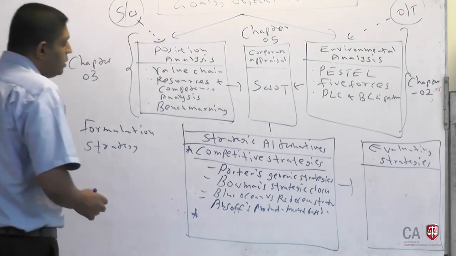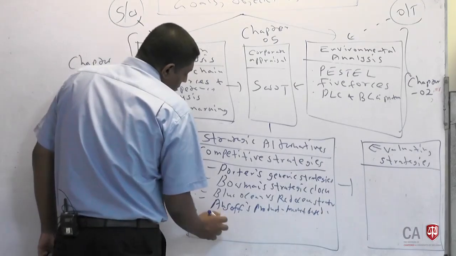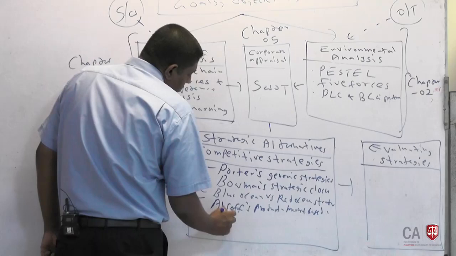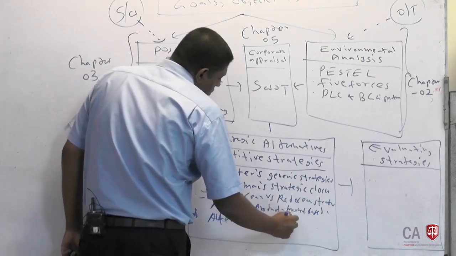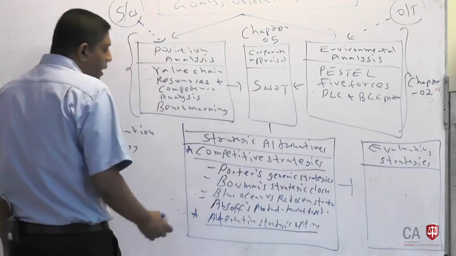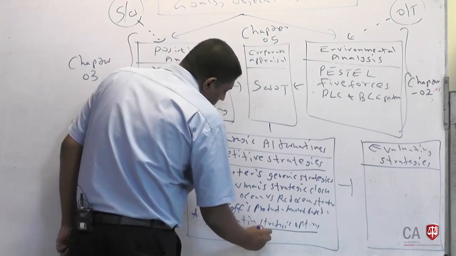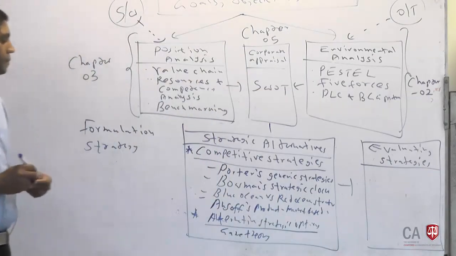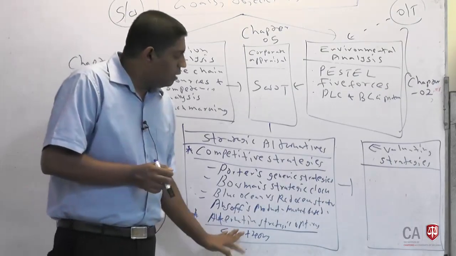Then we have to discuss the alternative strategy options also. Here mainly we look at game theory, which will be considered under that. Institutional strategies we are not going to cover.